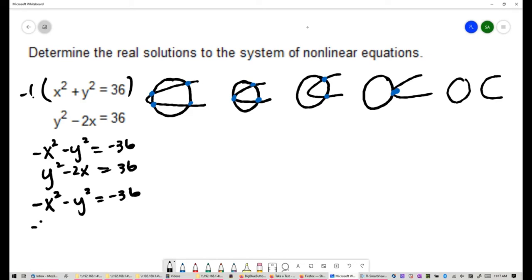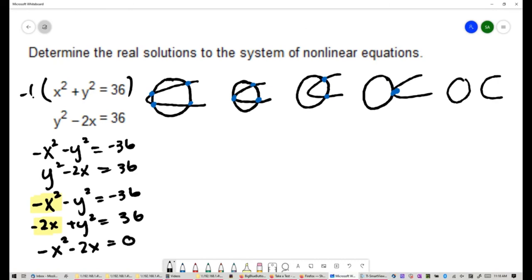And then a negative 2x plus y squared equals 36. So now when I add these equations together, I can see that the x's are not like terms. I can write that as negative x squared minus 2x. The y squareds are like terms, and they are going to cancel each other out. Negative y squared plus y squared gives you 0. And then negative 36 plus 36 gives you 0 as well.